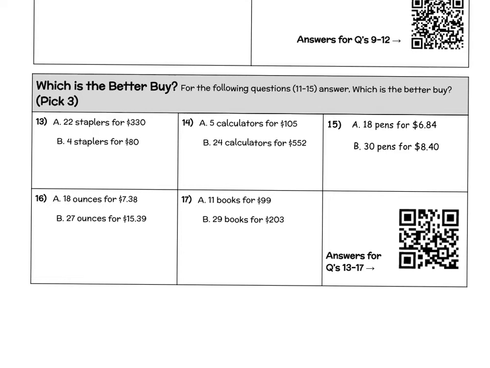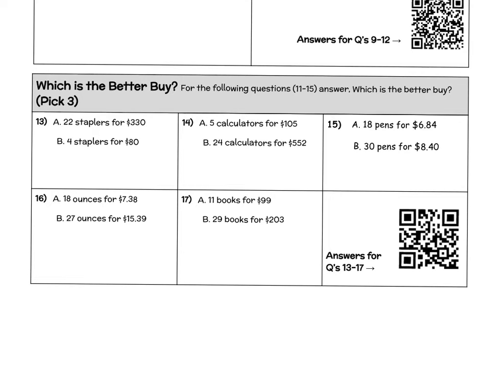So we're going to practice those skills that Mr. Van Kirk ran through with you on Tuesday. Remember, in order to find the unit rate, we need to find the denominator to be 1 of something. We're trying to figure out how much one stapler costs, or one calculator, or one pen.